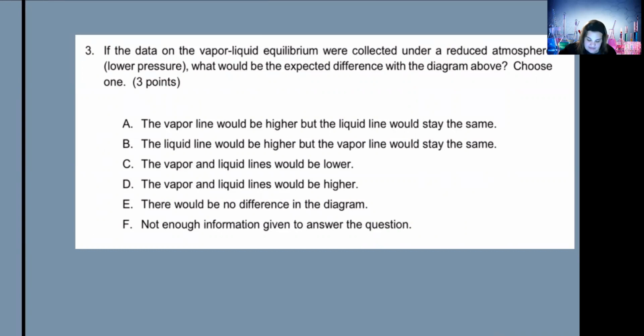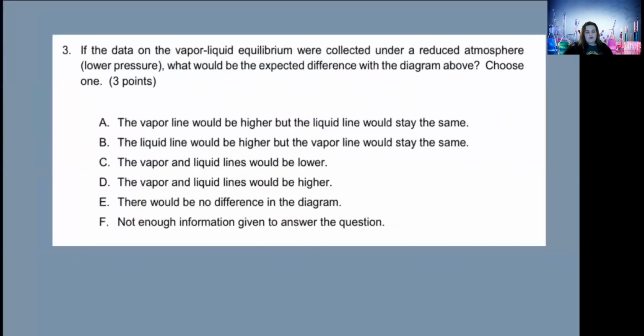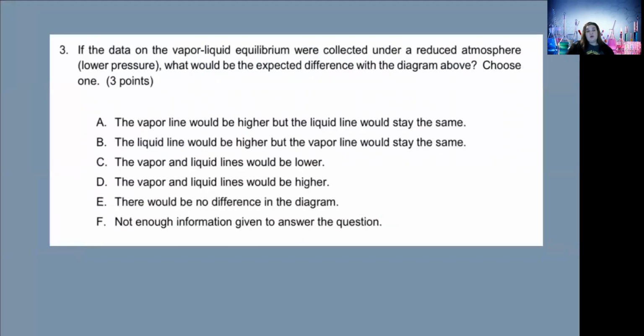Okay, do you guys remember what we said about pressure and boiling point? What happens to them? You guys remember? Hopefully you remember. So we said that if you lower the pressure, you lower the boiling point, right? So if we're lowering pressure, well, then the liquid line is going to be lower, causing the vapor line to be lower.